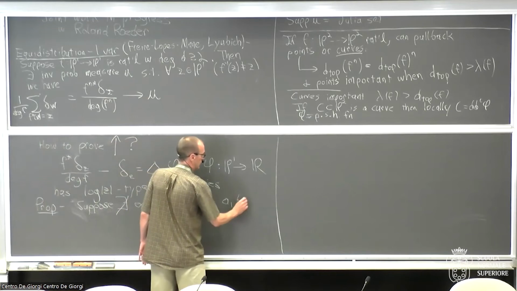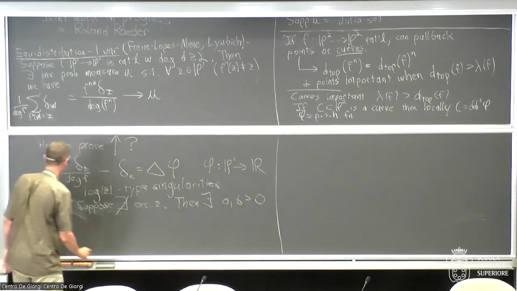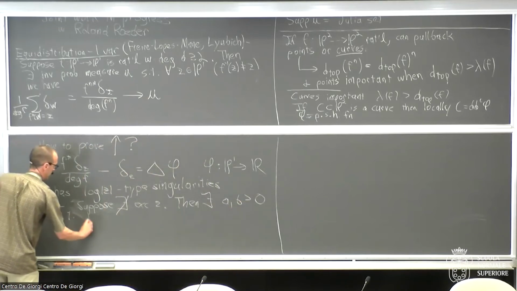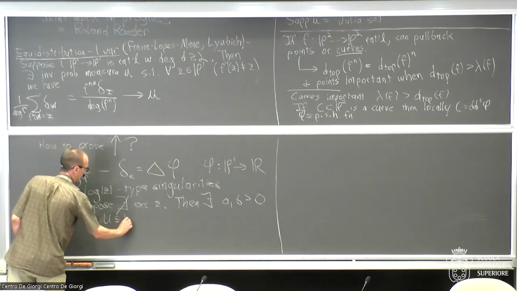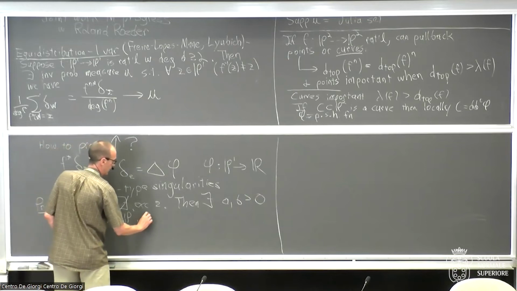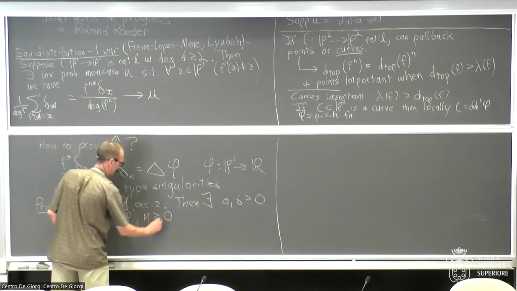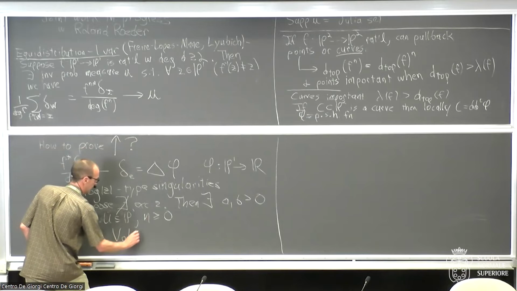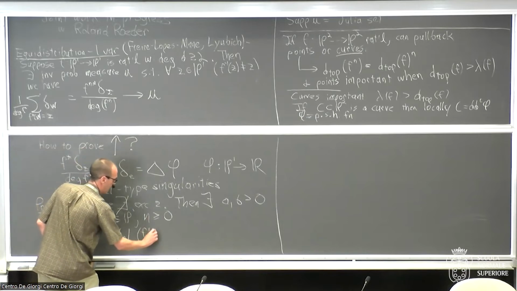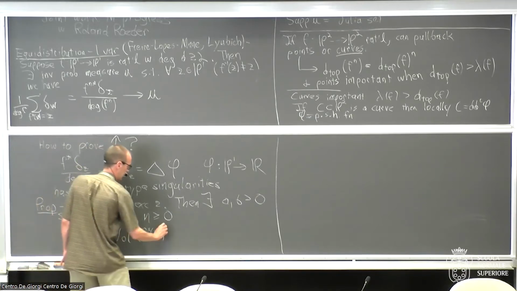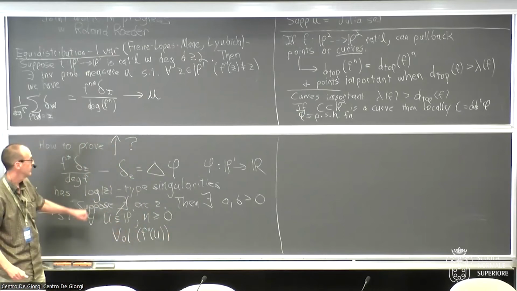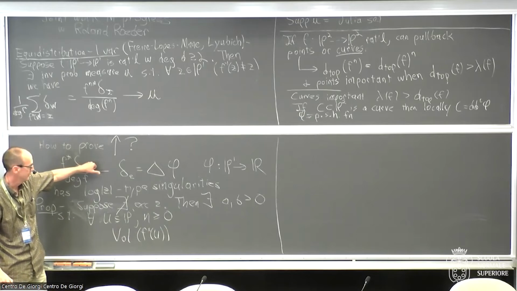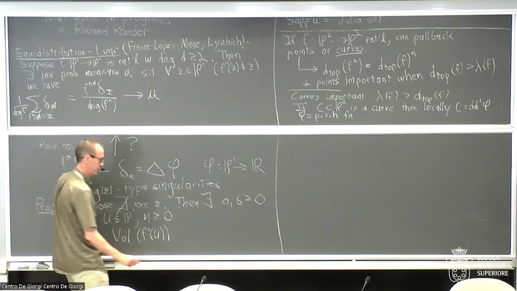And there exist a couple constants bigger than 0, such that for every open set U in P1 and for every n greater than or equal to 0, the volume of f to the n of U, mapping your open set forward. In order to effectively use this fact, you want to know it doesn't get too small too fast.